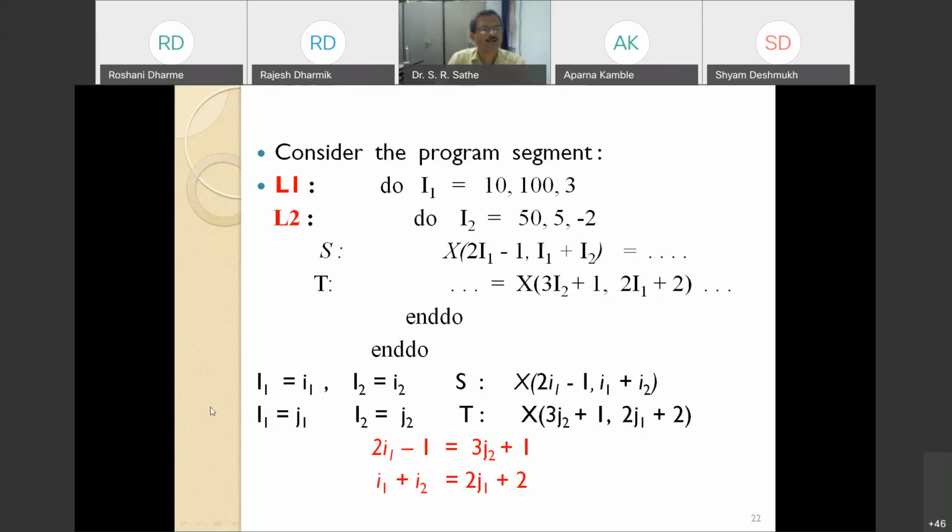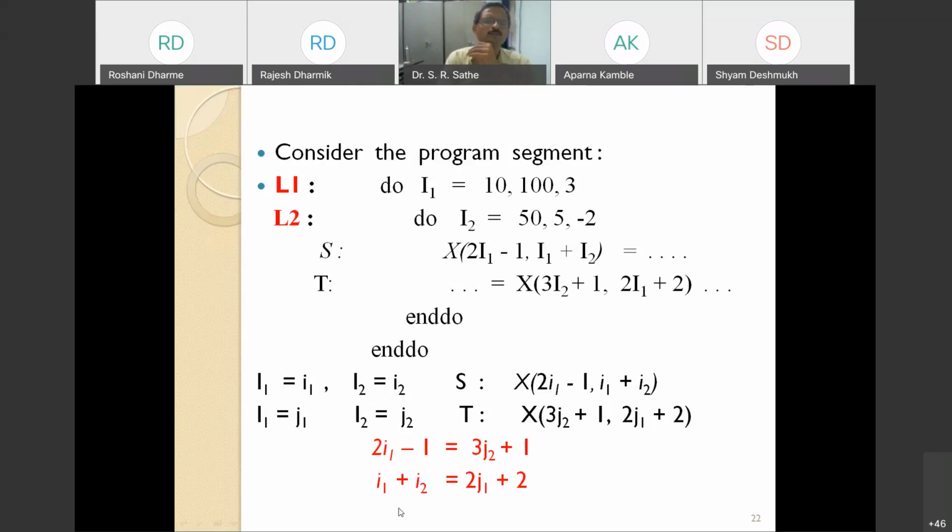Let the value of capital I1 be small i1, I2 be small i2. So S is written replacing capital I1 and I2 by small i1 and i2 respectively. Similarly, for statement T I am using j1, j2 at iteration j1, j2.